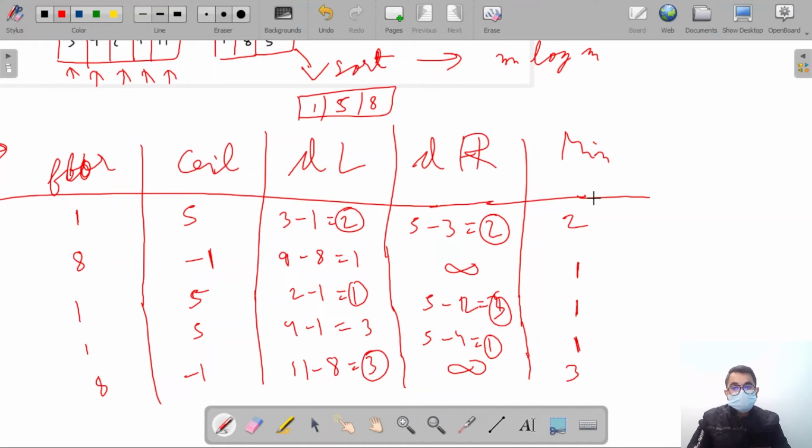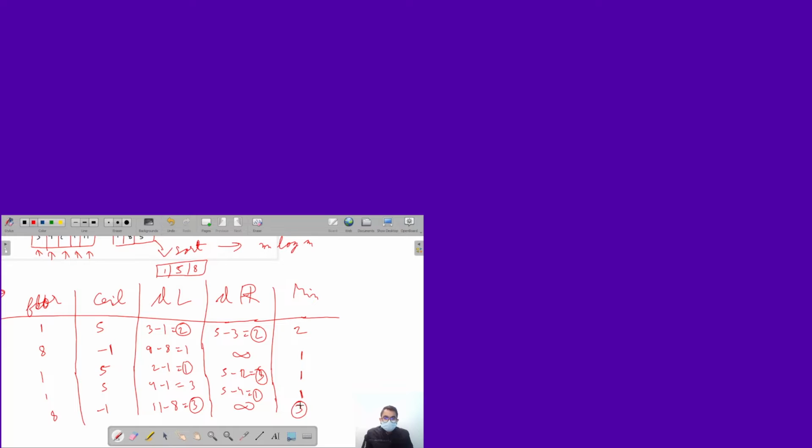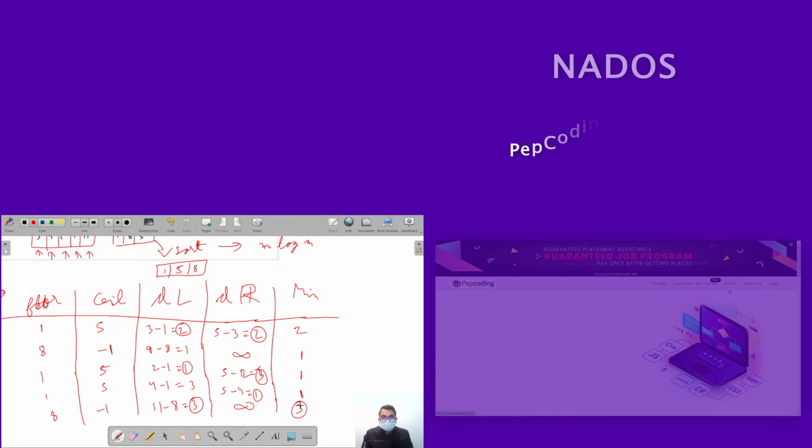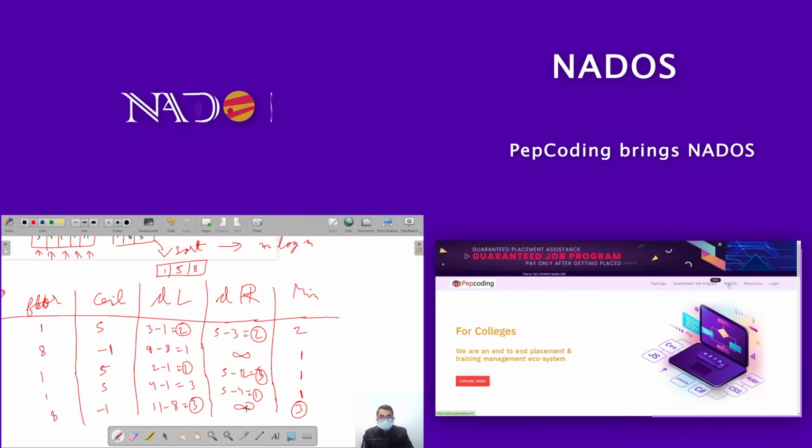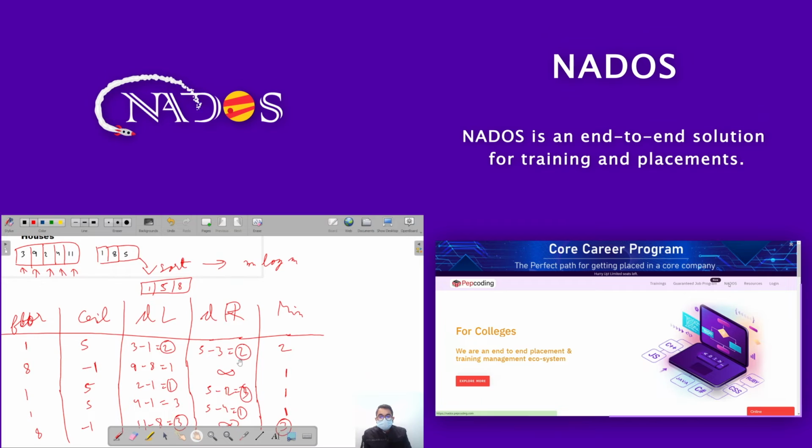And among these minimum distances, I will try to find the largest, so that all the houses are warmed. So this is what I'm going to do. First, I'm going to sort my heaters array.